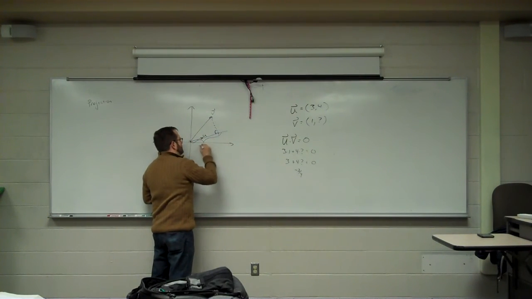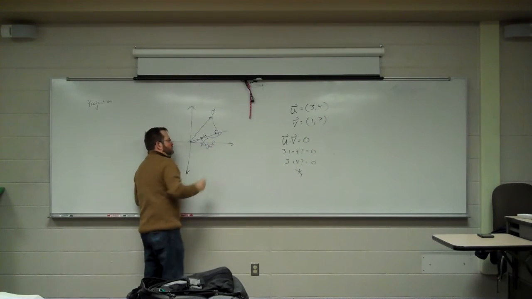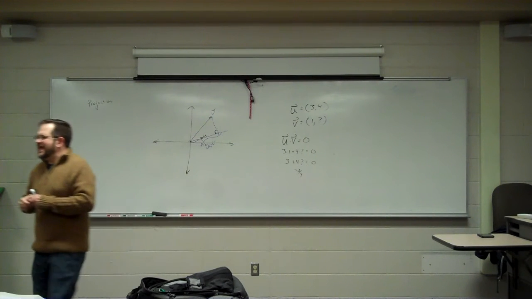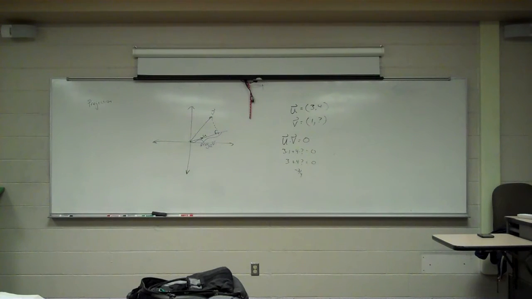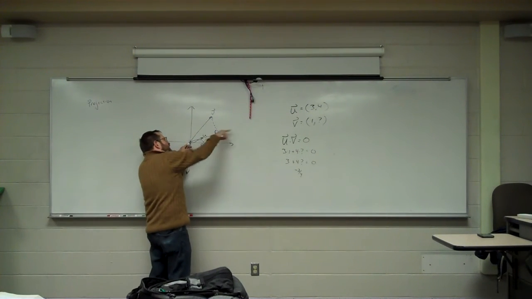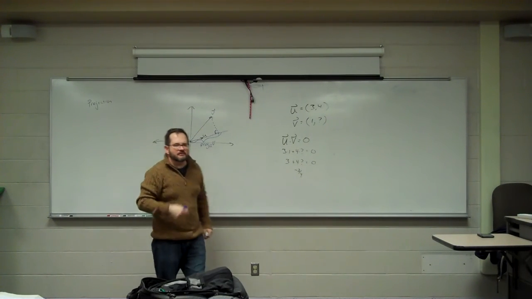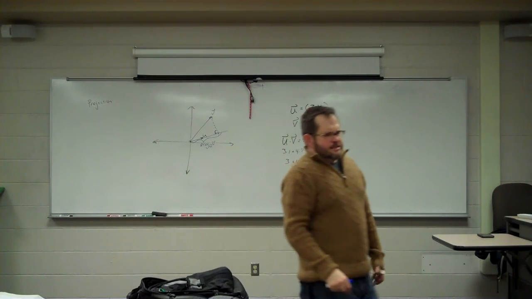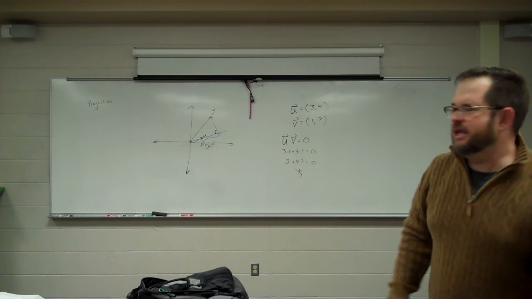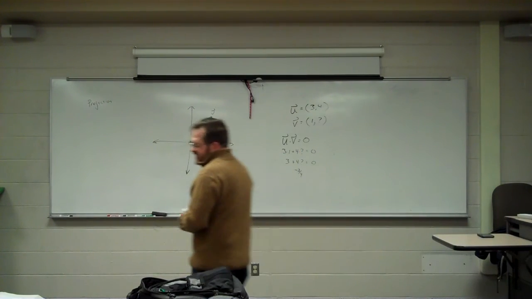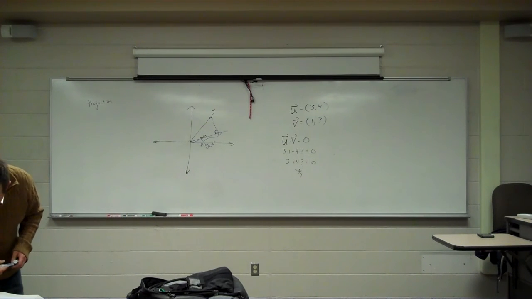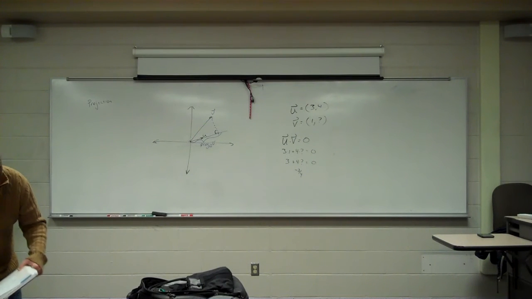And this piece here is called the projection of V onto U. It's kind of like the shadow or something like that, if you will. It's how much in the U direction you have to go before you've measured out enough that now you could turn right or turn left and get to V. And as it happens, the projection of V onto U, well, shoot, they did it the other way around.